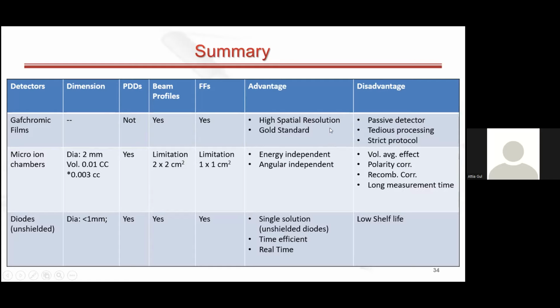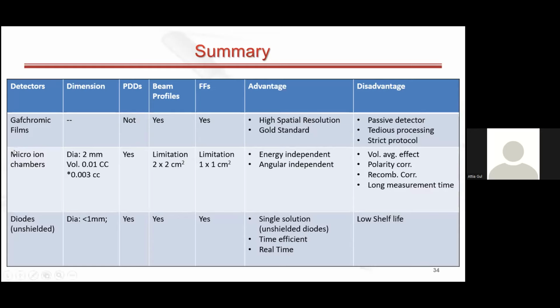Its advantages include high spatial resolution, and this is the gold standard for small field dosimetry. But the disadvantages are that it is a passive detector, it has tedious processing, and it has a very strict protocol for handling and irradiation.